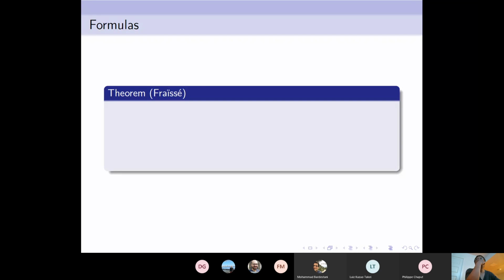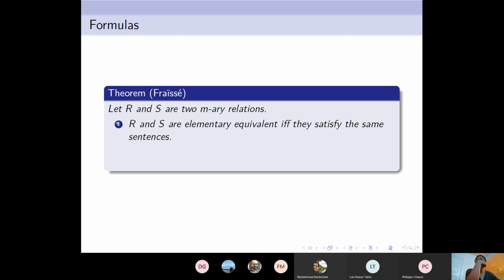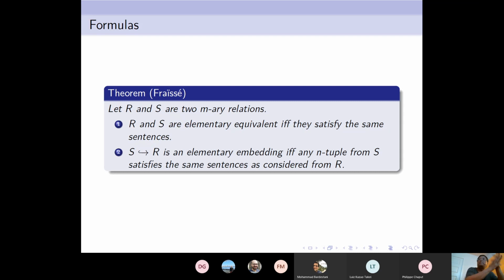Now here is called a theorem. Let R and S be two n-ary relations. R and S are elementary equivalent if and only if they satisfy the same sentences. So it is narrowed down to sentences instead of arbitrary formulas. The second one is more important.